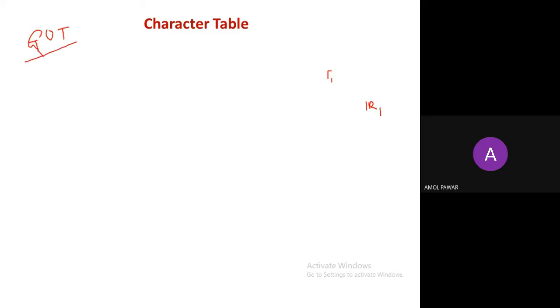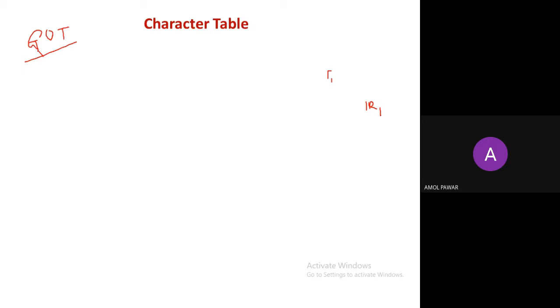Now what is the great orthogonality theorem and why do we use it to derive the irreducible representation of any group or any point group? What are the postulates to write the great orthogonality theorem for the construction of a character table?